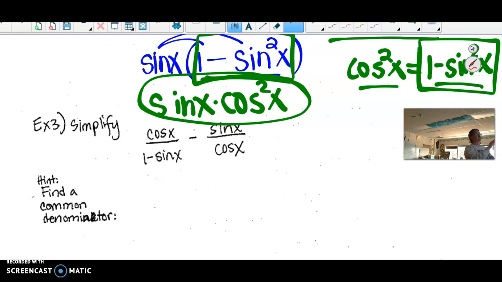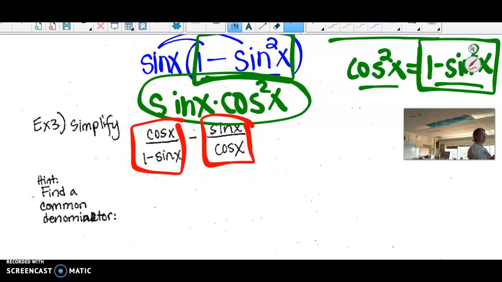In this case, there's no common term. This is a term, and this is a term, and there's nothing common to both of those terms. I mean, you have a cosine of x in both terms, but it's not common. It's in the numerator on one side and in the denominator on the other side.